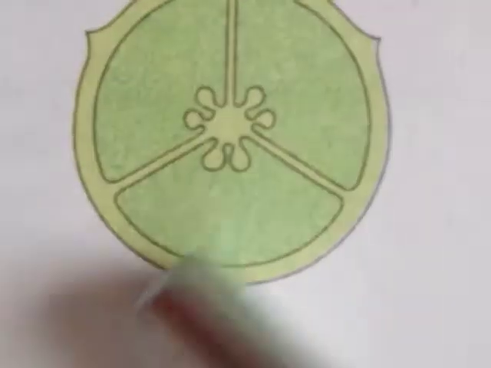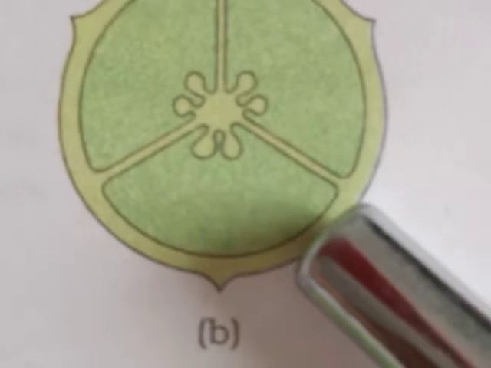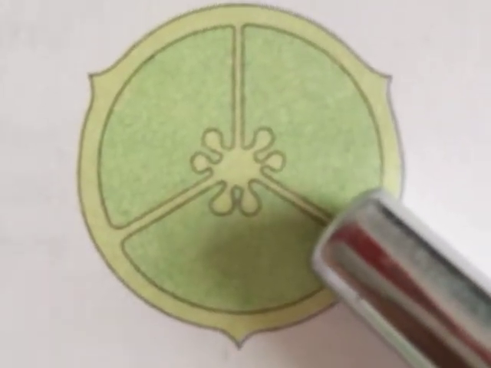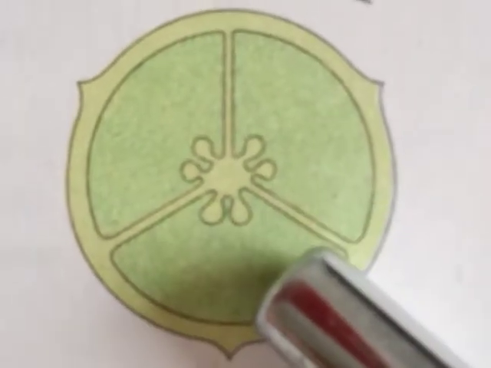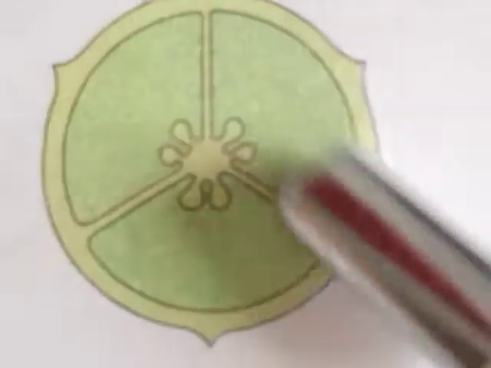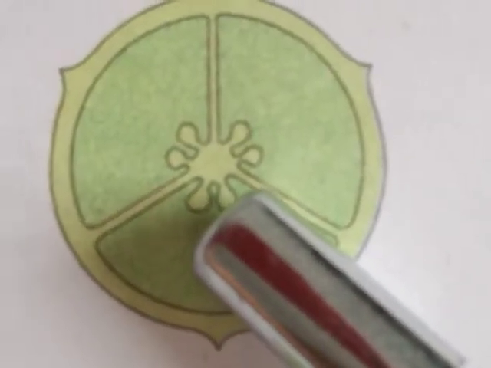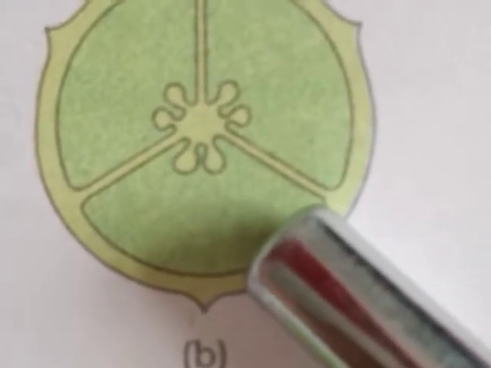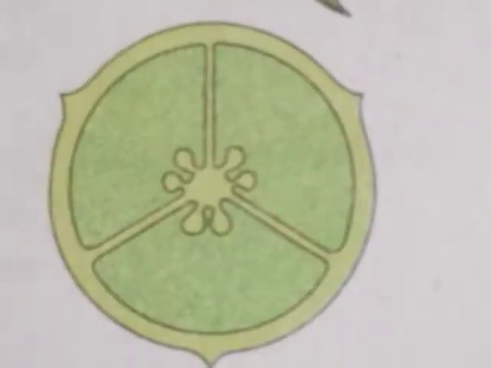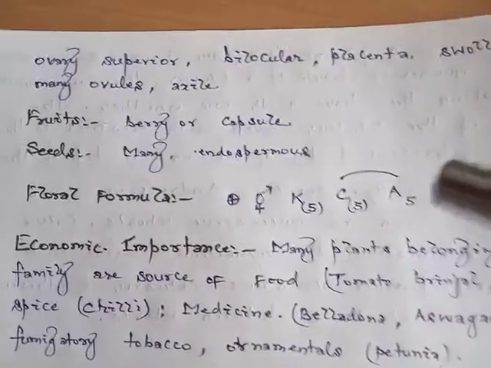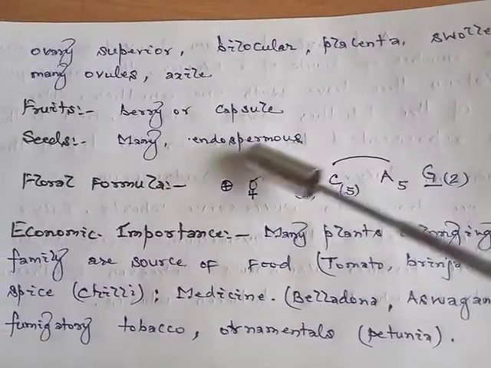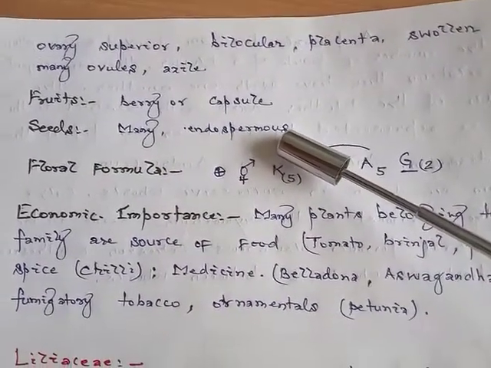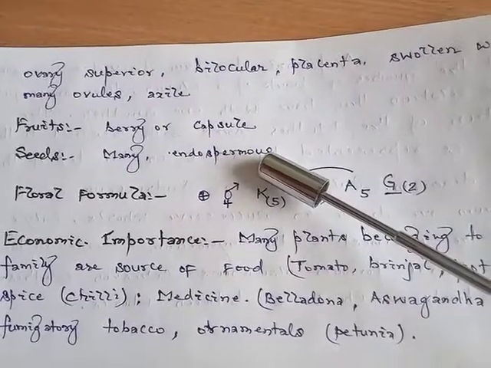In axile placentation, as we have discussed, the placenta is at the axial region and the ovules are attached to it in a multilocular ovary, as in the case of lemon and tomato. Fruits are berry or capsule. Seeds are many and endospermic in nature, meaning they have endosperm which acts as the reserve food.